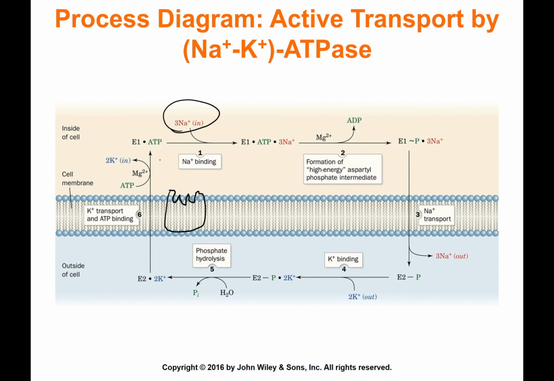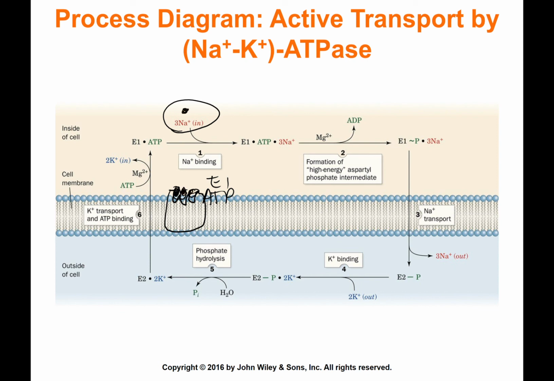We call this the E1 state of the protein. That's just the name that we're going to give to it. The E1 state is capable of binding an ATP, so it can bind an ATP here. It can also bind the 3 sodiums, which I'm going to draw as little black circles.